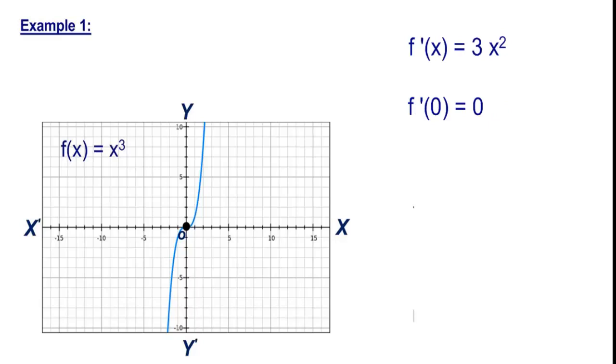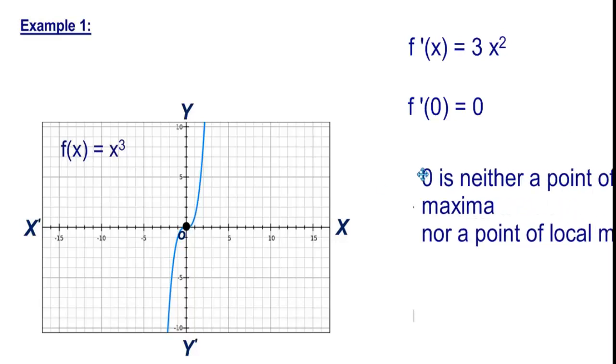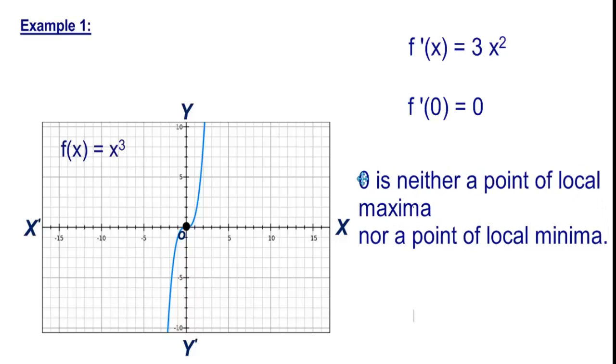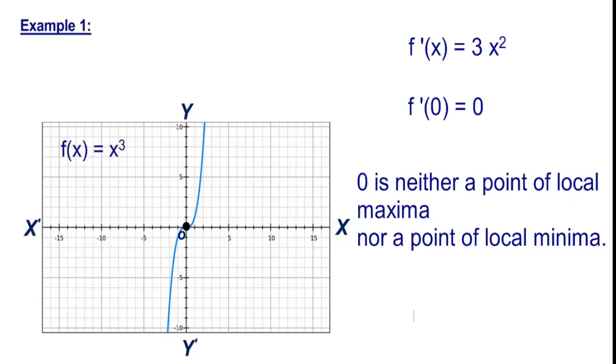The first derivative of the function is vanishing at x equal to 0. Does it mean x equal to 0 is a point of local maxima or minima? No, clearly from this picture we can find that x equal to 0 is neither a point of local maxima nor a point of local minima. In fact, this point is called a point of inflection.